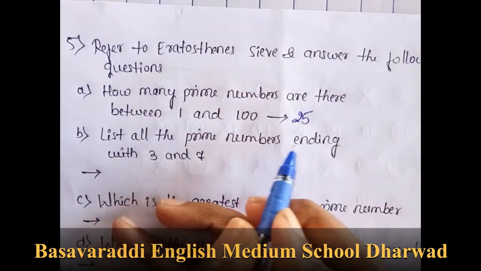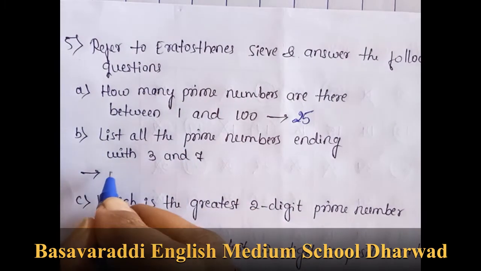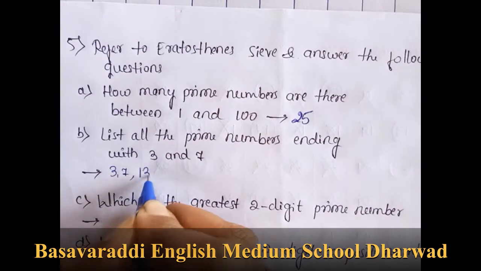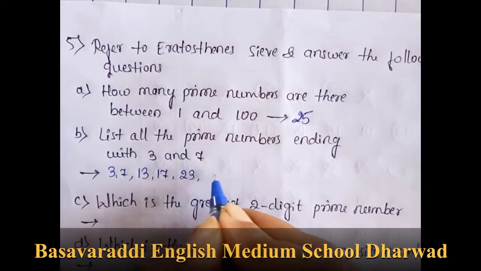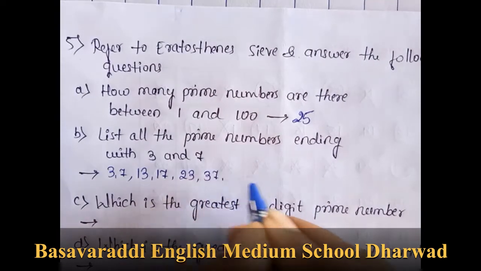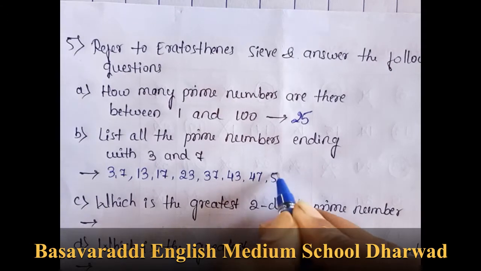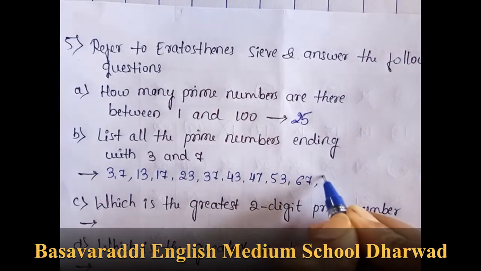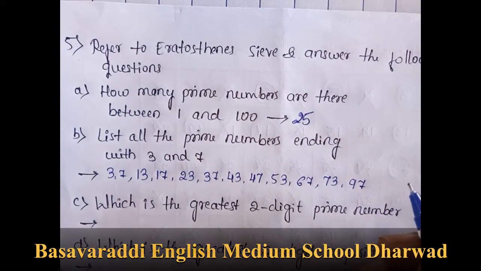B. List all the prime numbers ending with 3 and 7: 3, 7, 13, 17, 23, 37, 43, 47, 53, 67, 73 and last 97.